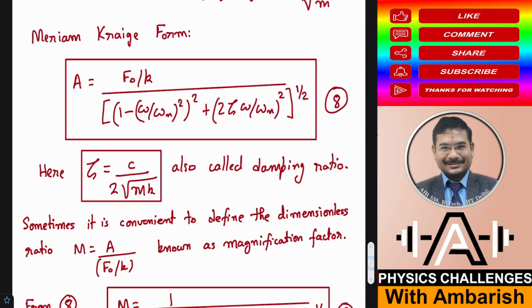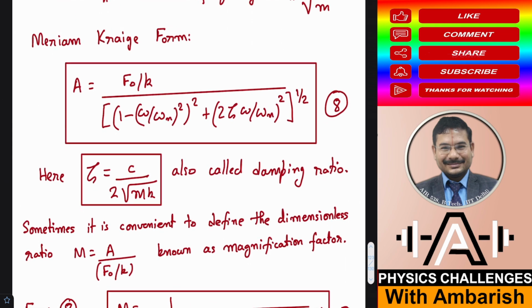Sometimes it's convenient to define a dimensionless ratio M equal to a upon f naught by k. This f naught by k must have the same dimensions as a, and a upon f naught by k is called the magnification factor. That's a dimensionless measure of amplitude, or you can say relative amplitude.